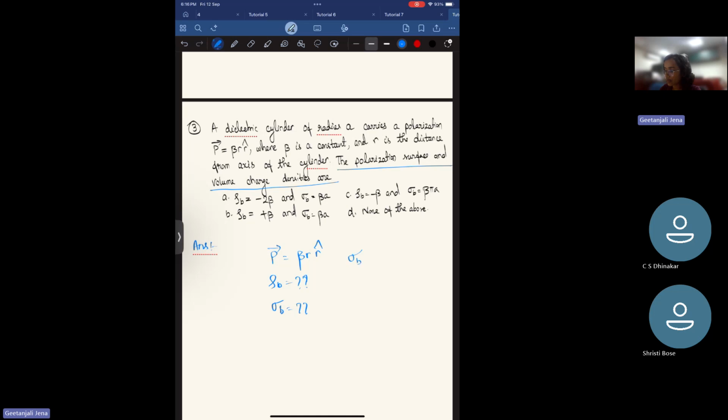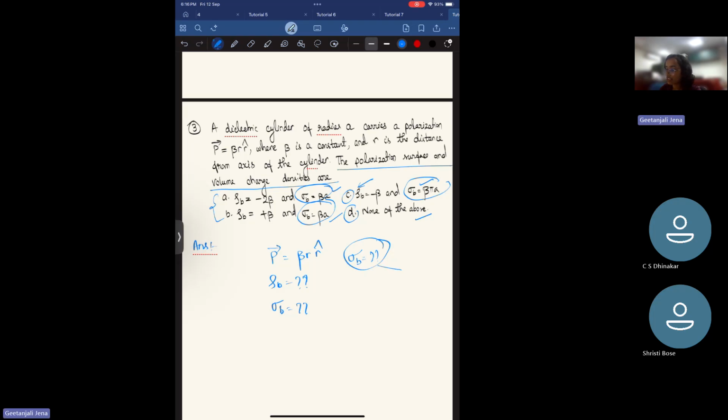First, try to calculate sigma b because it's easy to find. Then you can see whether sigma b falls under A, B, C, or D. If it is not falling under any of these, the answer will obviously be D. But if it falls under option C, then you don't need to find rho B, because only option C has sigma B as beta A. But if it is beta A, you need to find rho B also.